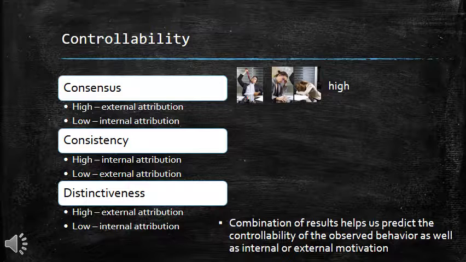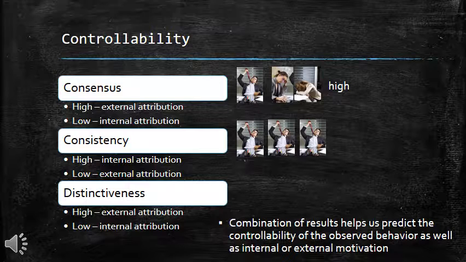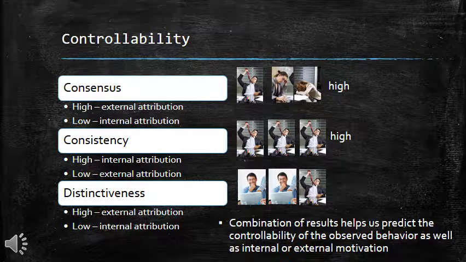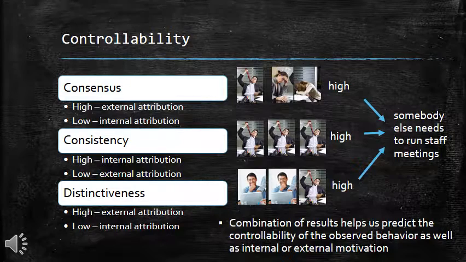Additionally, Ed seemed bored at every staff meeting, so consistency is high as well. However, Ed is engaged at other meetings with the exception of the staff meeting, so the distinctiveness of his behavior is high. Based on the combination of these results, we can conclude that there are external circumstances causing Ed to be bored at staff meetings.